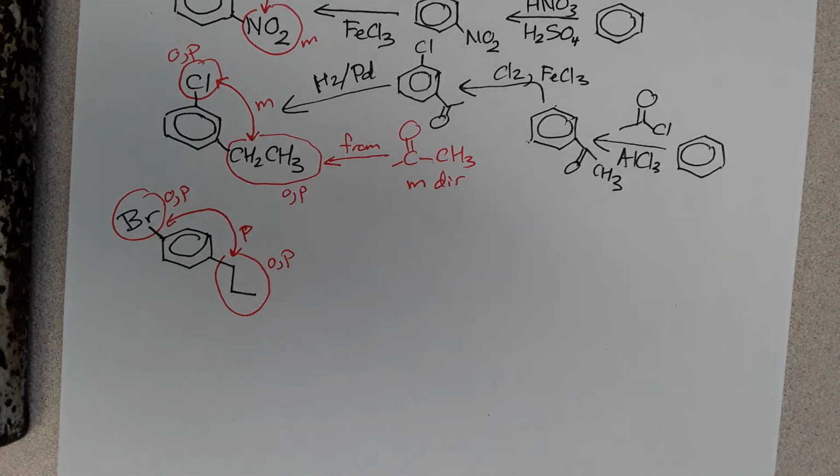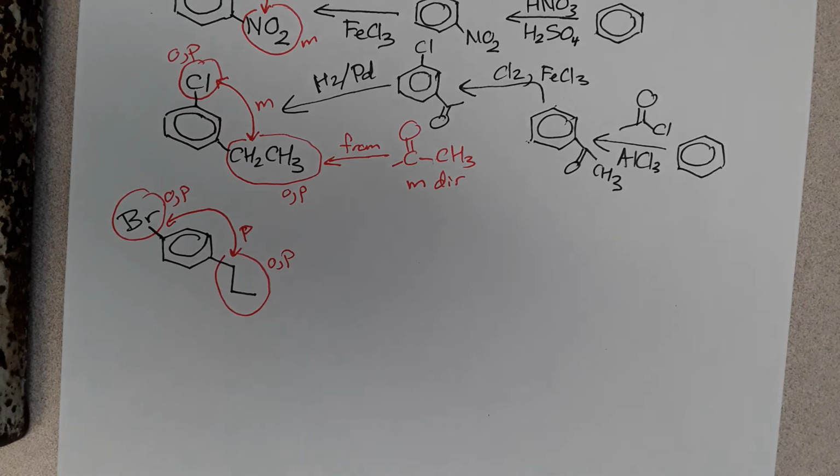We just add one and then we add the other. Does it matter which one we add first? Probably not. There's going to be some crowding going on in the ortho position, which might favor the para, but either way you're going to get a mixture of both the ortho and para products from this.